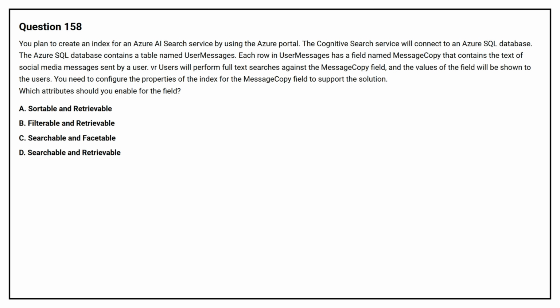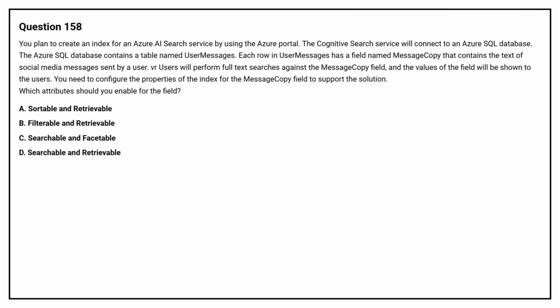Question number 158. You plan to create an index for an Azure AI Search service by using the Azure portal. The Cognitive Search service will connect to an Azure SQL database. The Azure SQL database contains a table named UserMessages.